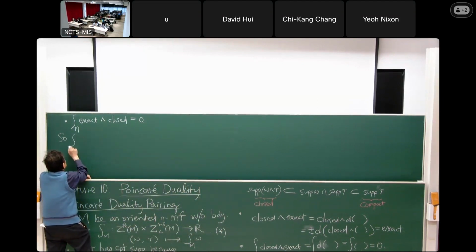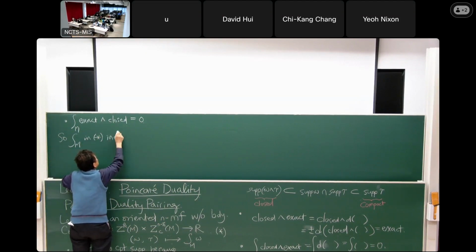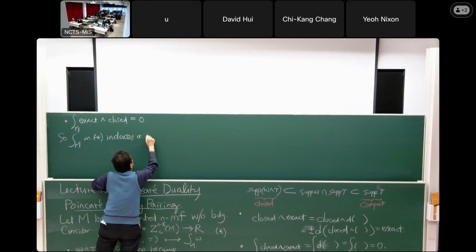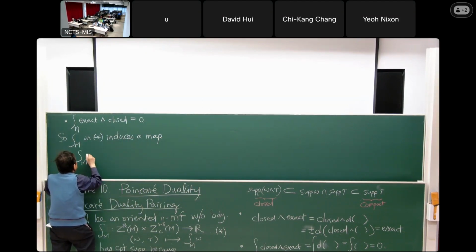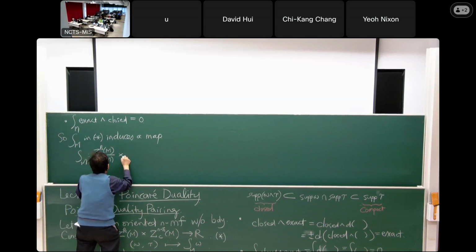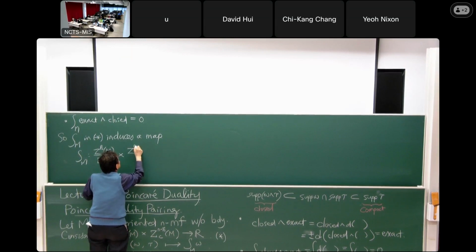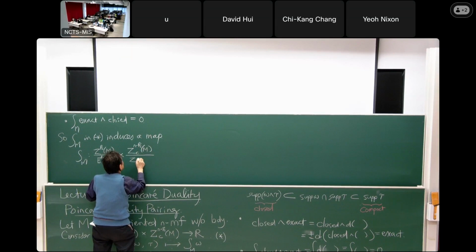So the integration map star induces a map on the closed forms over the exact forms, cross the closed forms with compact support over the exact forms with compact support.